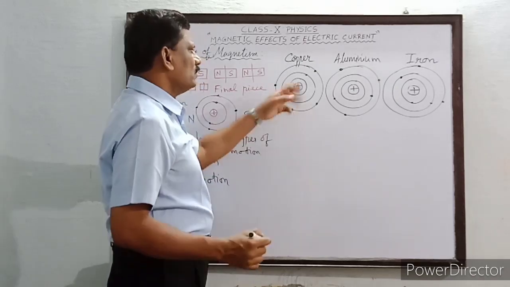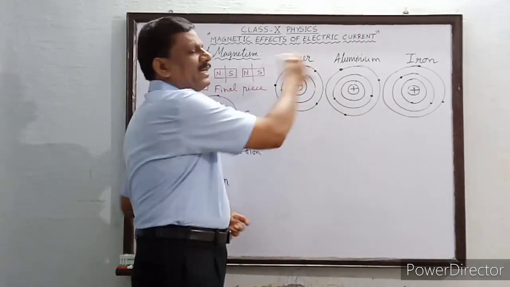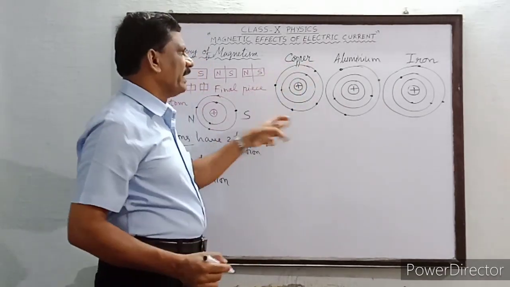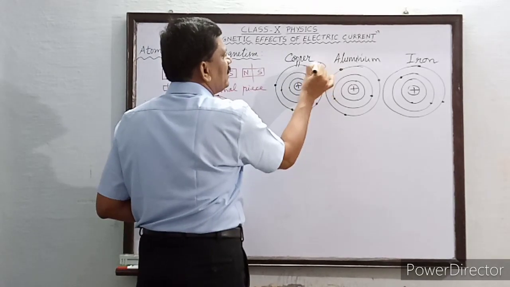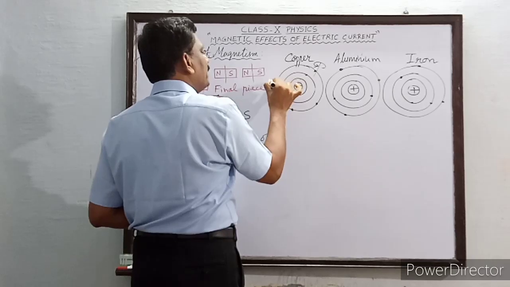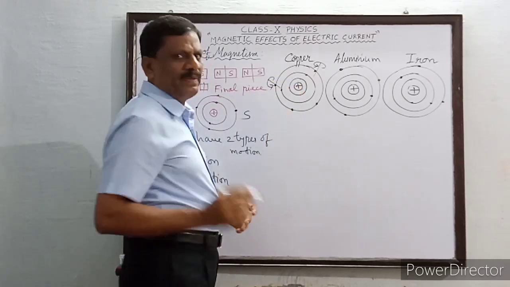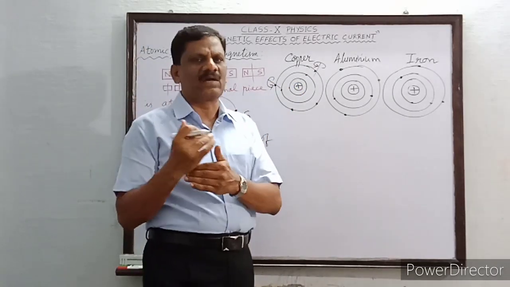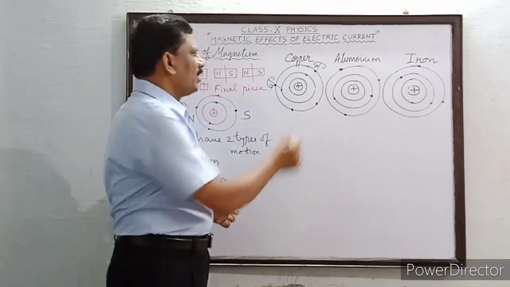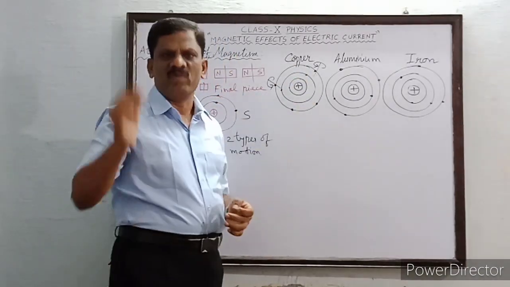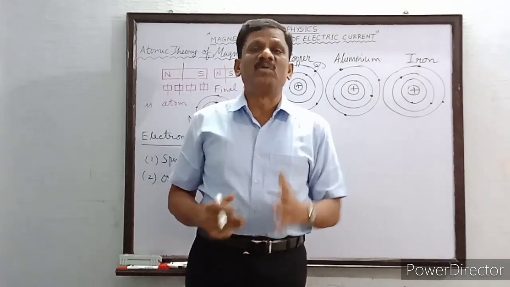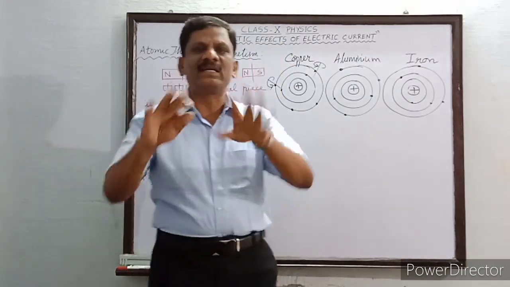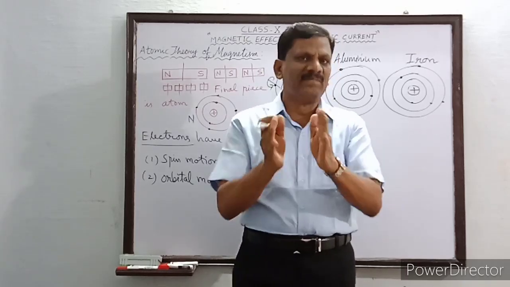Now, due to the orbital motion of the electron as well as the spin. Spin means this electron will spin about itself like this. It may spin in the clockwise direction or in the anti-clockwise direction. Similarly, the orbital motion of one electron will produce a magnetism, while the orbital motion of the other electrons need not have the same value.